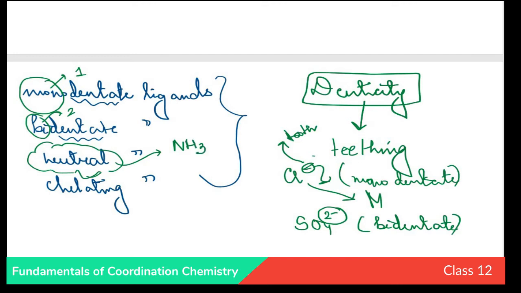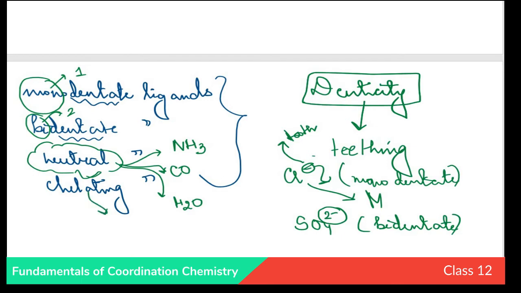It's a gas, so it cannot donate electrons in the form of charges. Similarly, carbon monoxide being a gas cannot donate electron density using charges. Water for that matter, it's a solvent, it's a liquid. So it cannot donate electron density in the form of ions or charges. Right? Okay.